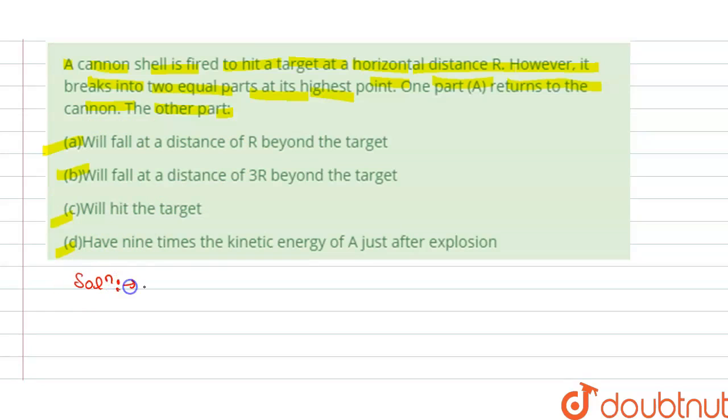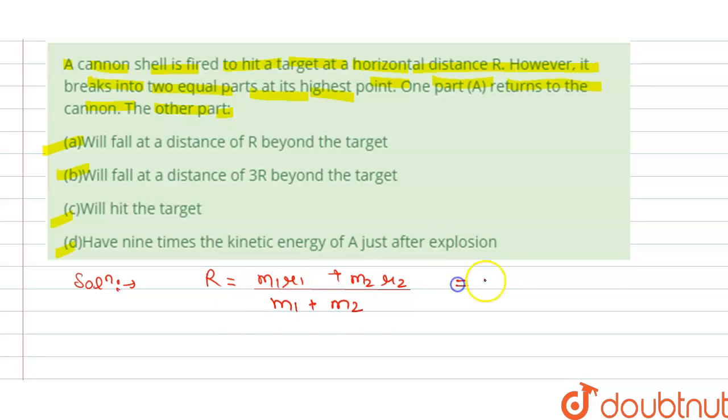So the solution of this question is: if the shell has not exploded, the center of mass of the shell will be at the target, that is R. So the COM, center of mass, will start at R. So we can write R is equal to (mass 1 into R1 plus mass 2 into R2) divided by (M1 plus M2).